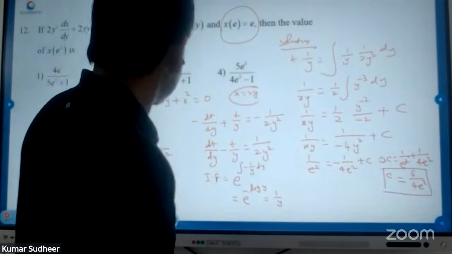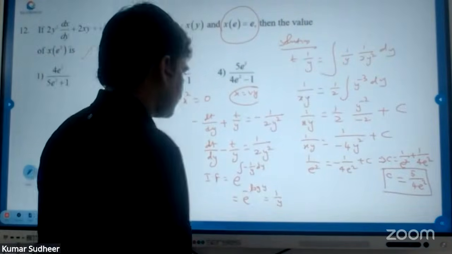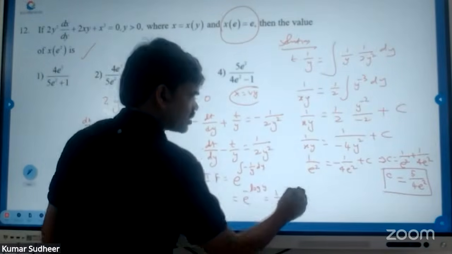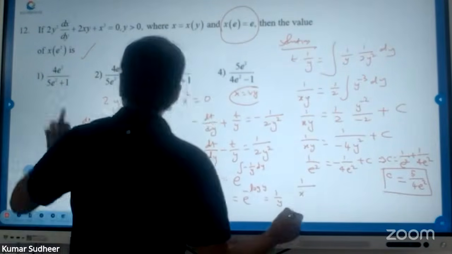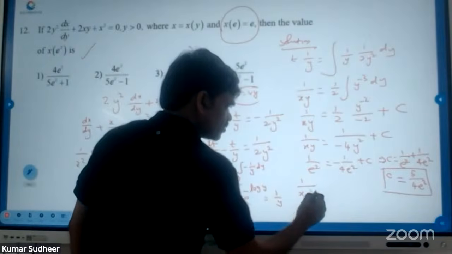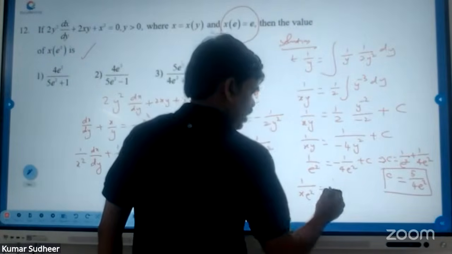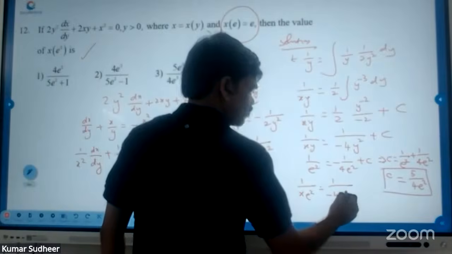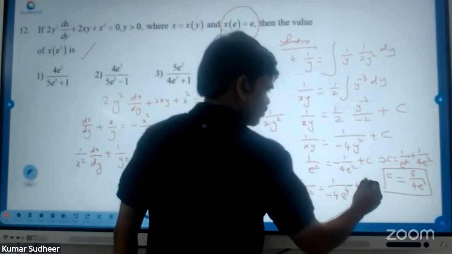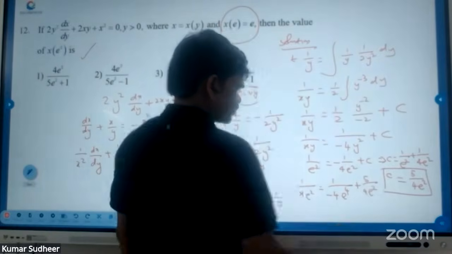Now they're asking x of e squared. Y equal to e squared, what is the value of x? So now substitute here. This is 1 by x, y value is e squared in that. That is equal to 1 by minus 4 e power 4 plus c value 5 by 4 e squared.